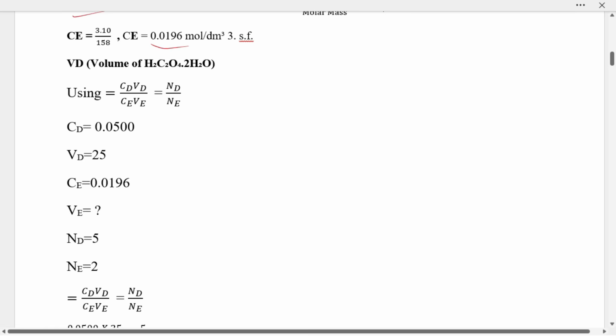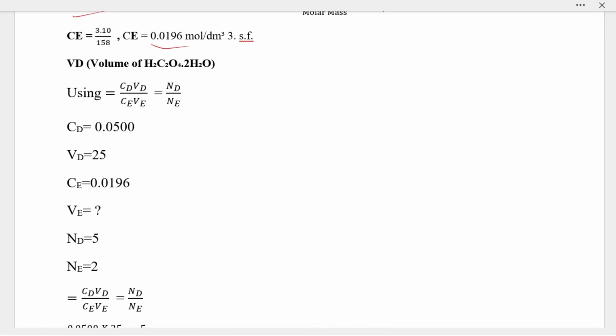Now the volume of the oxalic acid, I beg your pardon, the volume of your KMnO4 is what we want. Let's clearly do that. We are using CdVd over CeVe equals nd over ne. So your Cd is 0.05 given, while your Vd is 25 because that's what you're going to pipette, and then you warm.